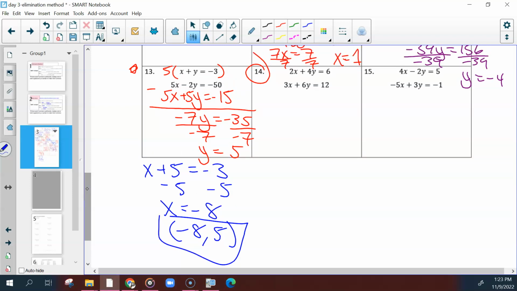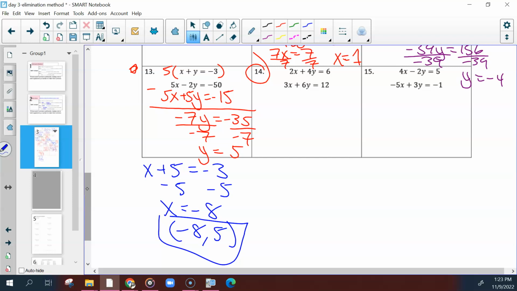For 14, do we want to eliminate our x's or our y's? Doesn't matter. Why? Okay. So that means we need a number that these both go into. So you could multiply them both. 24 would work, yes. The top one by 3 and the bottom one by 2.